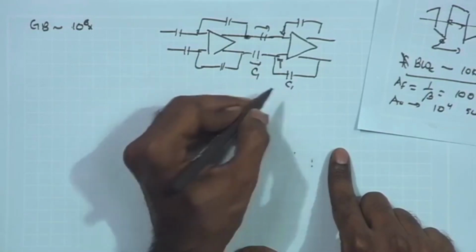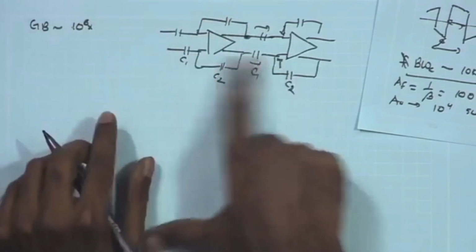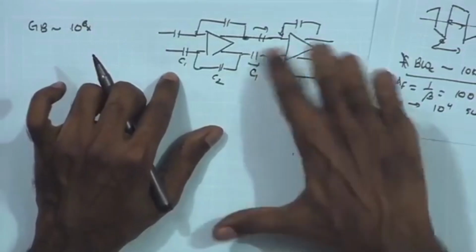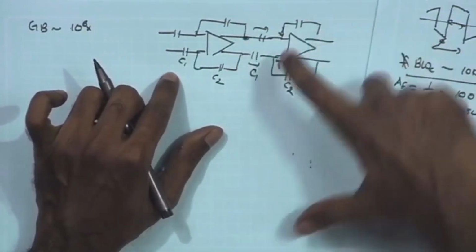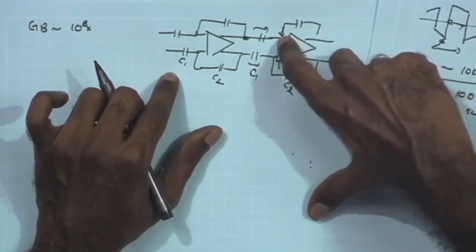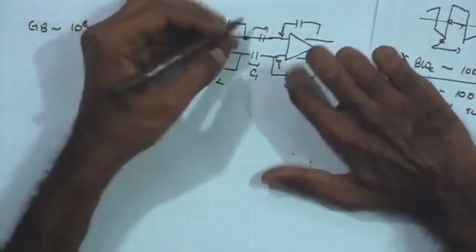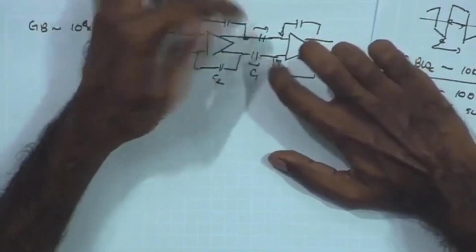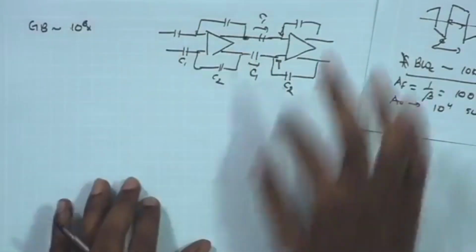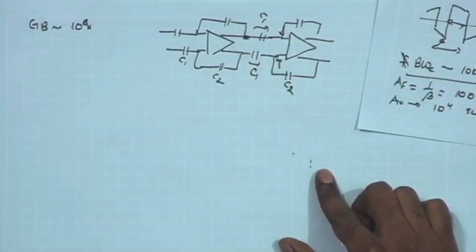So if I call this C1 and call this C2, we know that the overall gain for both these stages will be given by the ratio C1 upon C2. And if I look at this stage, the 2 input points can be treated as AC grounds, or rather they are going to be very close together, they are not going to have any significant signal swing. As a result, these 2 C1 values appear as effective load capacitance for my output point, and therefore whatever is the value of C1, we can take it as a load capacitance.